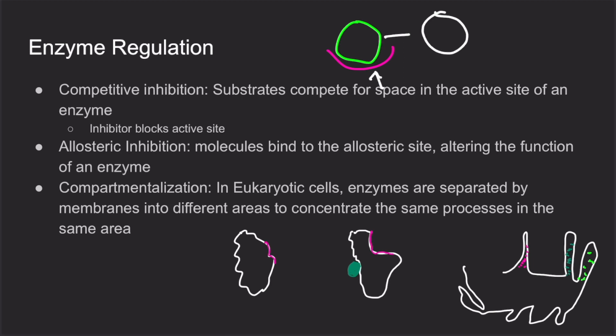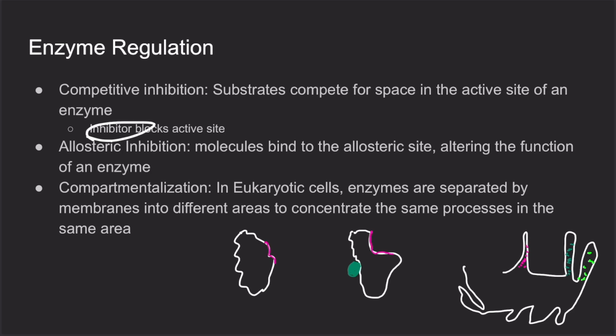That is competitive inhibition. Now, rather than using another substrate, what if you used an inhibitor? An inhibitor looks close enough to the substrate, maybe not exactly, but you squint really hard and you're like, yeah, okay. It binds to the enzyme, and all of a sudden nothing happens.